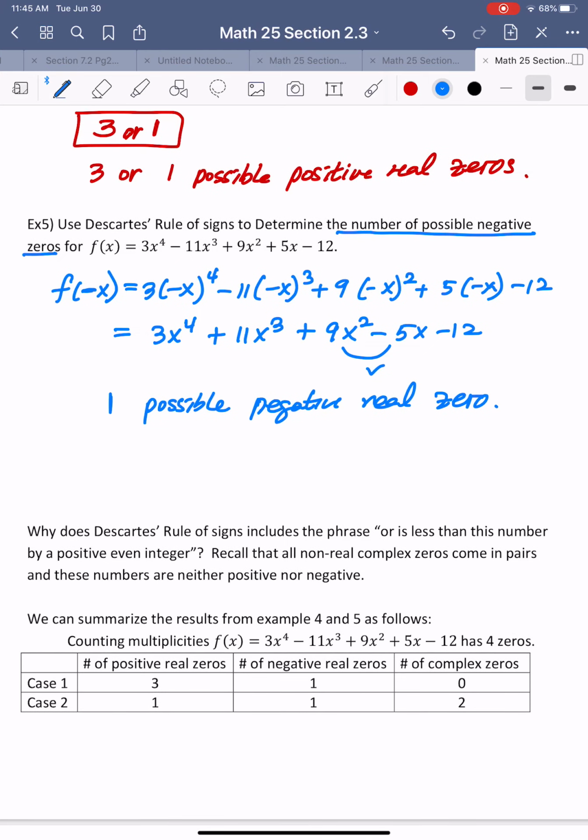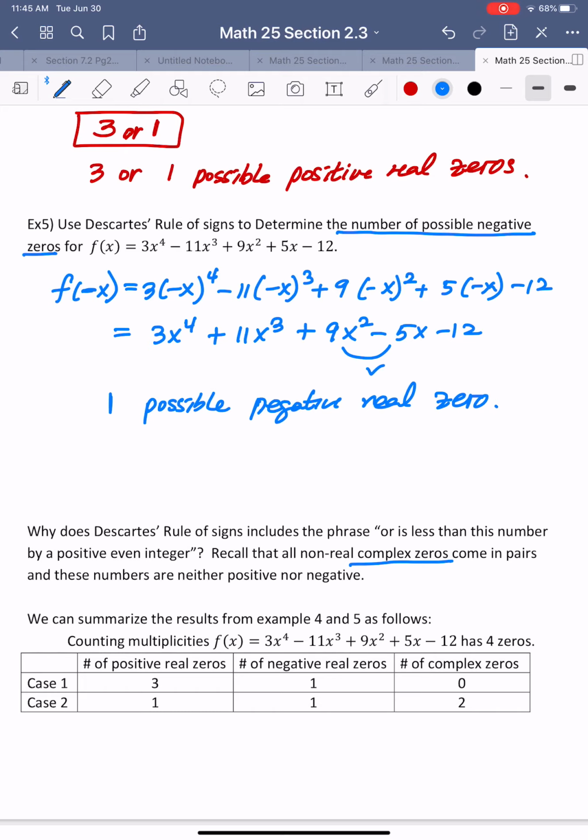Alright, so why does Descartes' rule of signs include the phrase 'or is less than the number by a positive integer'? Recall that all the non-real or complex zeros come in pairs. And these numbers are neither positive nor negative, because they're complex numbers. But they always come in a pair.